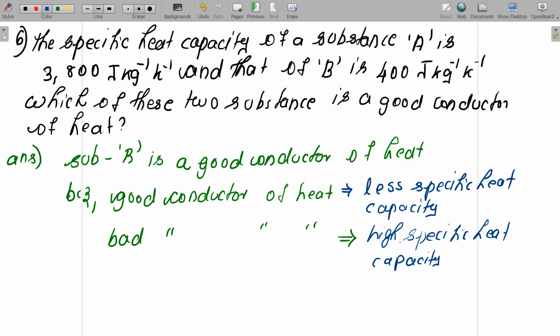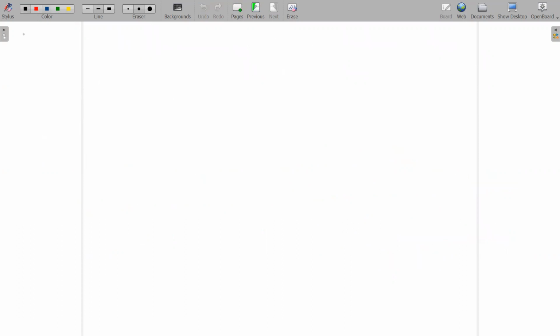In the beginning page of the booklet, there will be a question mark allotment page. You won't get extra marks for writing such things. In simple exams you may, but in the board exam you won't. So don't make such mistakes. I hope you understood this. Now we'll move to the next question, the 7th one.